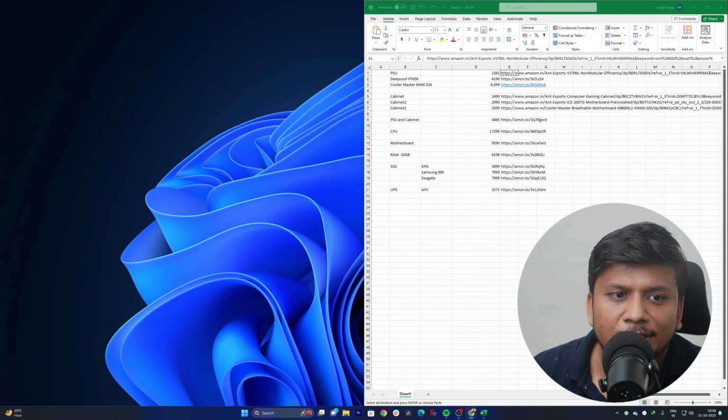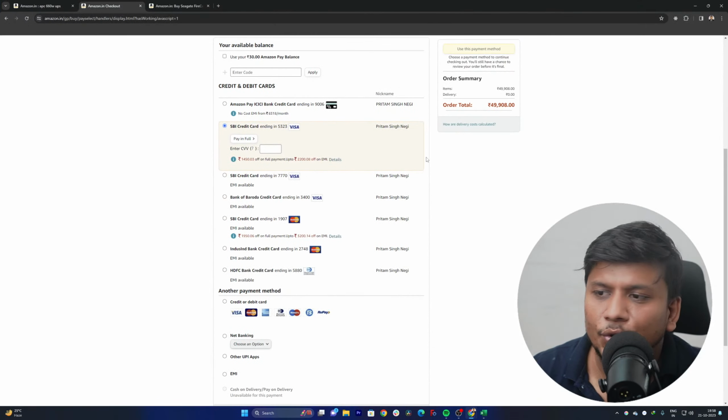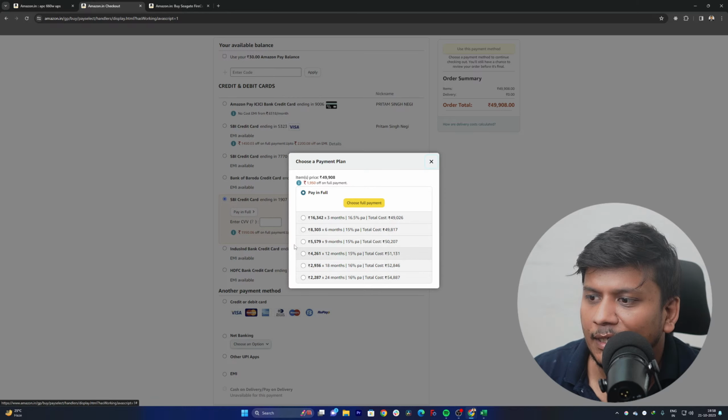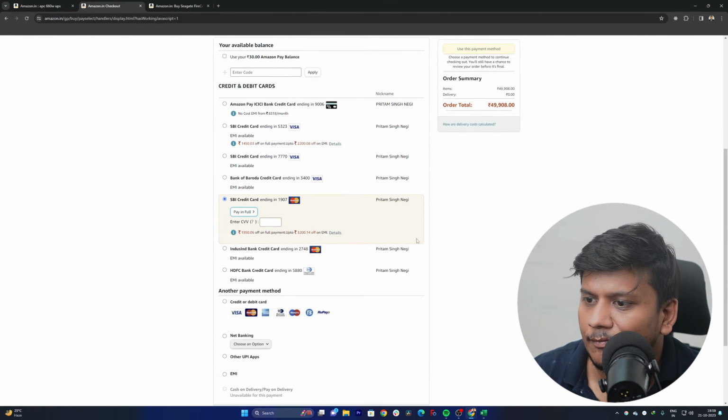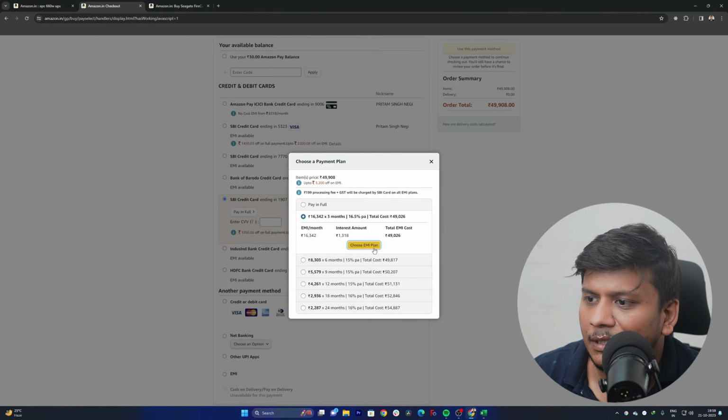Let me add my delivery address and show you the complete price that you can get. Let's say you have an Amazon SBI card, then here we can see the kind of discount that we are getting. If you pay through EMI, you will get a 3,200 rupee discount.